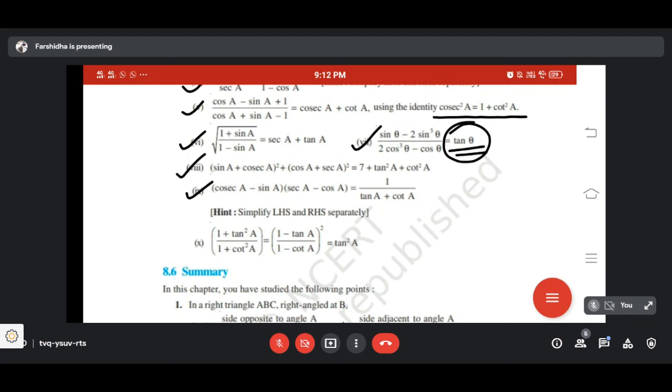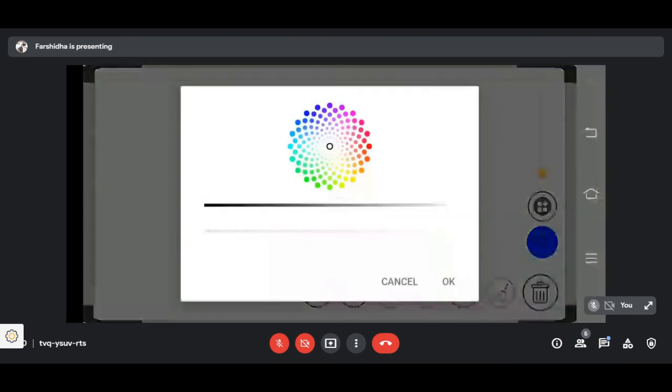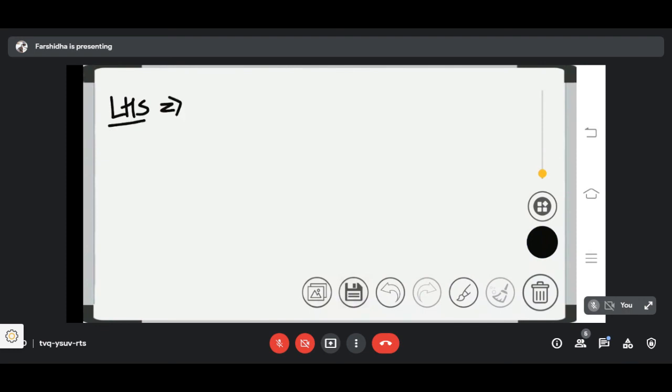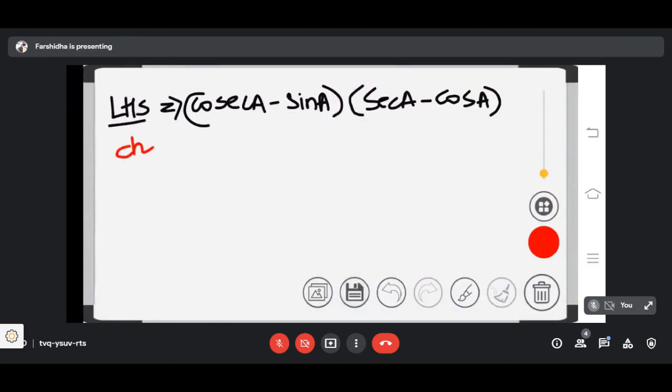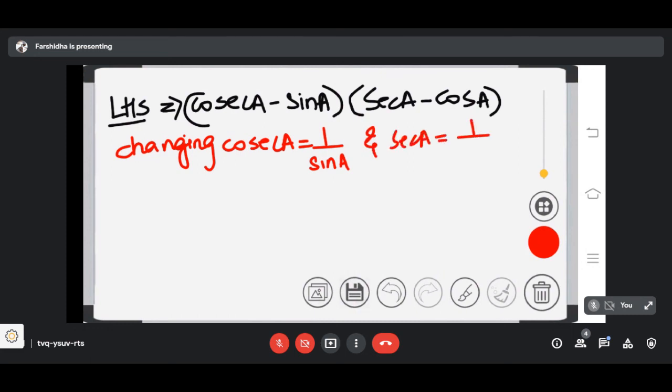So first start with the LHS side. That is cosec A minus sin A into sec A minus cos A. So LHS equal to cosec A minus sin A into sec A minus cos A. Below that, write changing cosec A equal to 1 by sin A and sec A equal to 1 by cos A. So from here we will change cosec and also sec as the reciprocal.